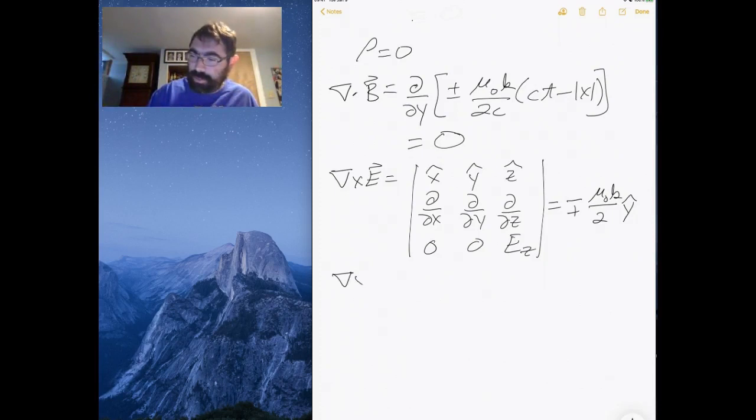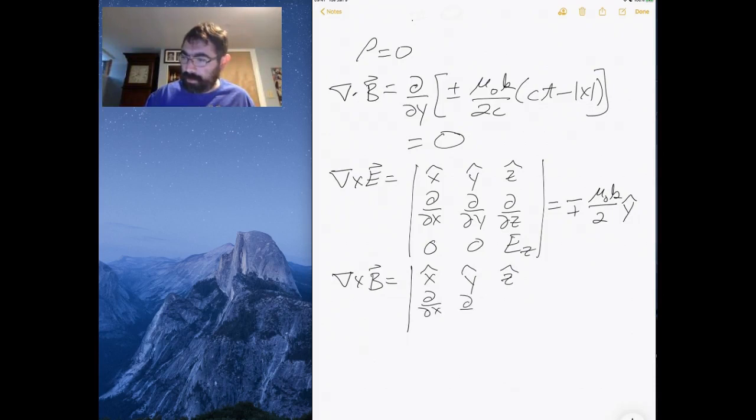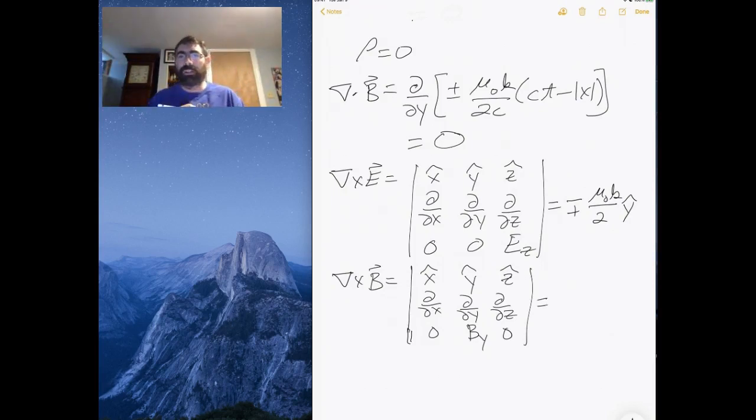So the curl of B, I can work out the same thing. B only has a y dependence to it. What I can work out of this is essentially the time derivative now of E. So the time derivative of E is going to give me minus mu 0 k over 2c in the z direction.